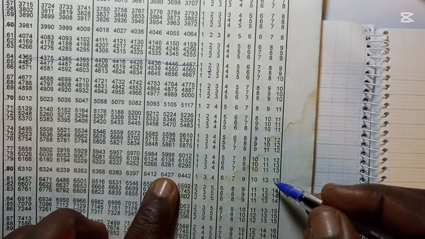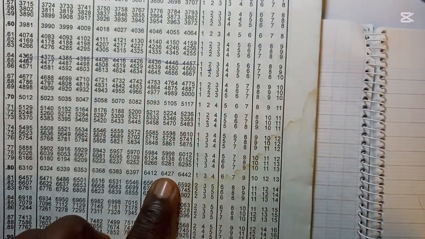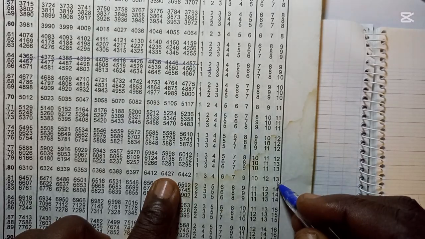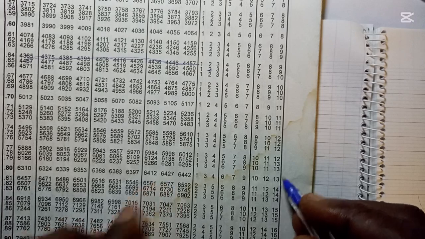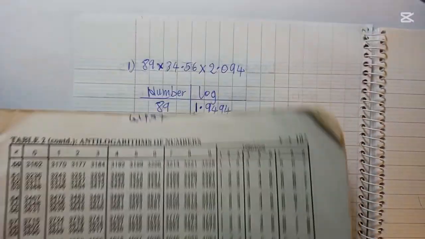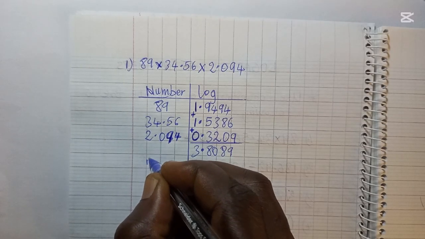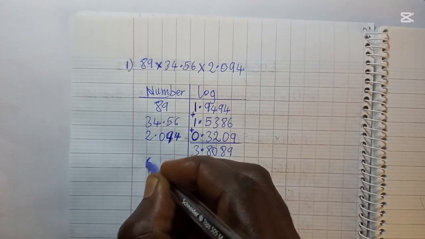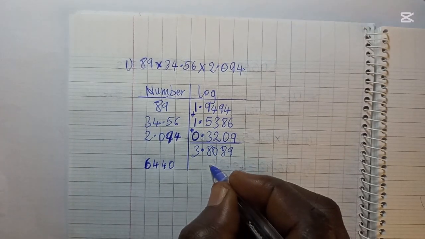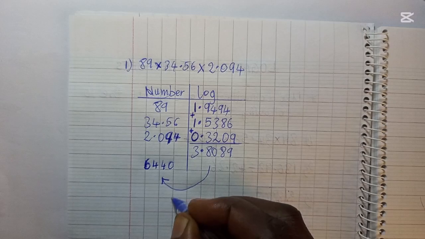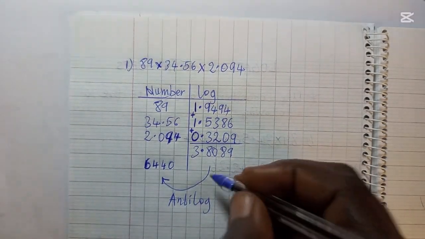So 6, 4, 2, 7 plus 13 will give us 6, 4, 4, 0. So I'm going to write it by the left hand side under here. 6, 4, 4, 0. That is the antilog.